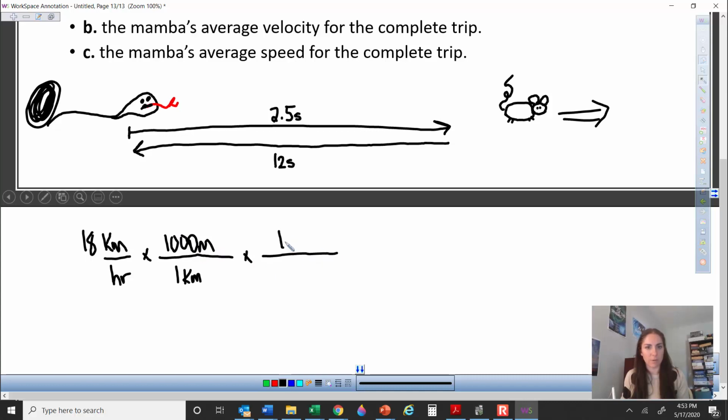And then in 1 hour, there are 3,600 seconds. That gives a surprising number of 5 meters per second. Is that right? I'm going to double check that. I think that's right. That's right. It's just a nice number. Okay, looking good. So this thing is moving at 5 meters per second forward at that time.